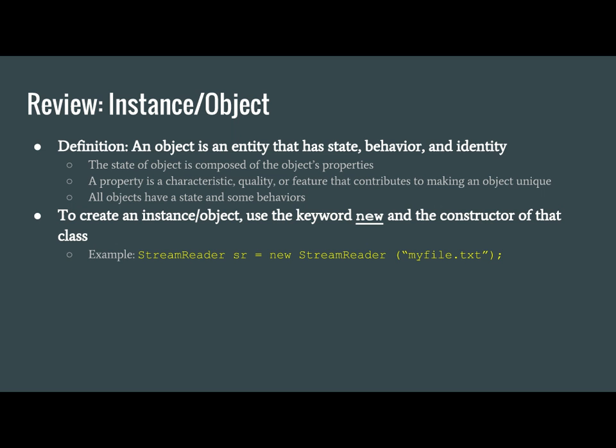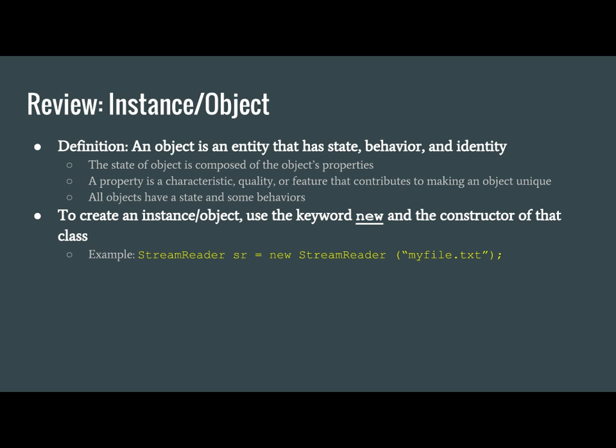They have behavior, what the user can do with that class, what it can do with an object of that class. And then they have an identity. And what have we been calling their identity so far? We've been calling it a variable name. When a variable is an instance of a class, that's really how you identify it.